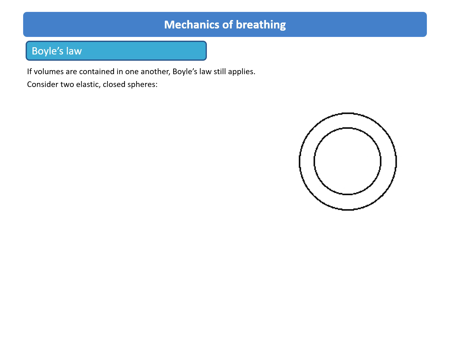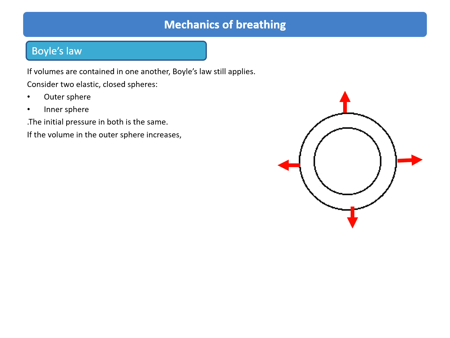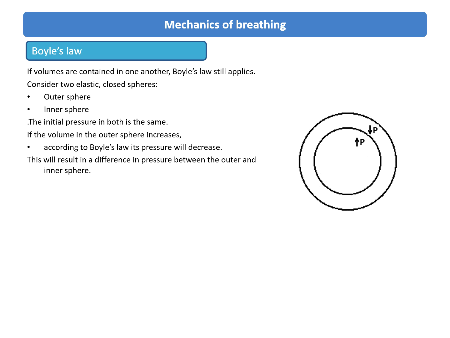Consider this. Here we have two circular elastic containers, both spheres. There's the outer sphere, and inside that is the inner sphere. The initial pressure in both is the same. If the volume in the outer sphere increases, according to Boyle's law, its pressure will decrease. This will result in a difference in pressure between the outer and the inner sphere.